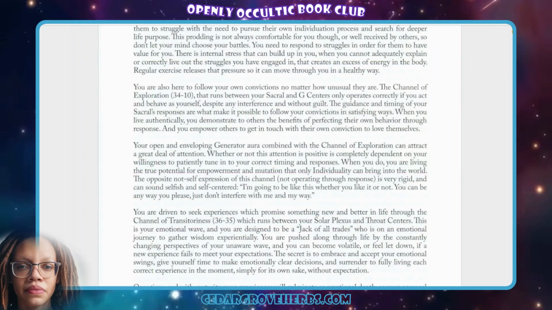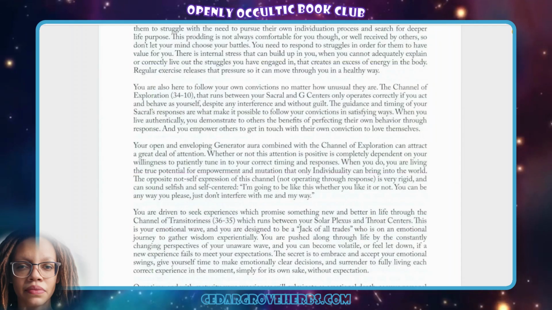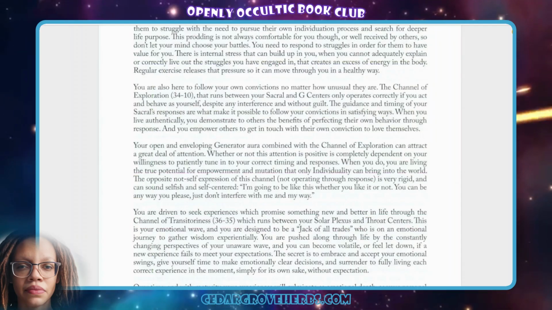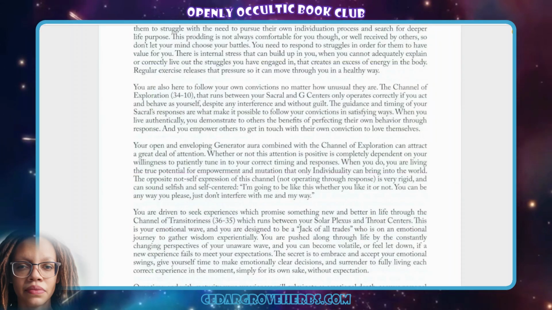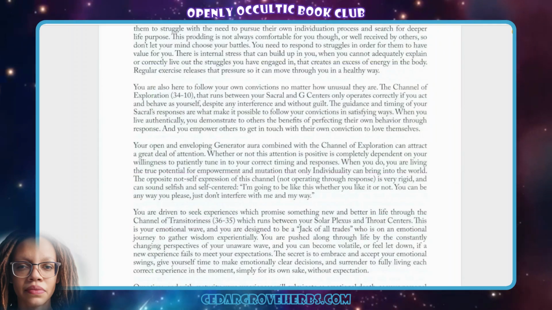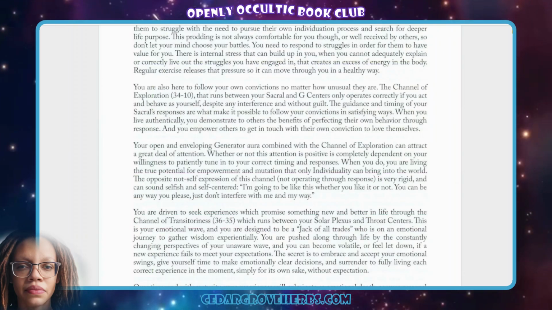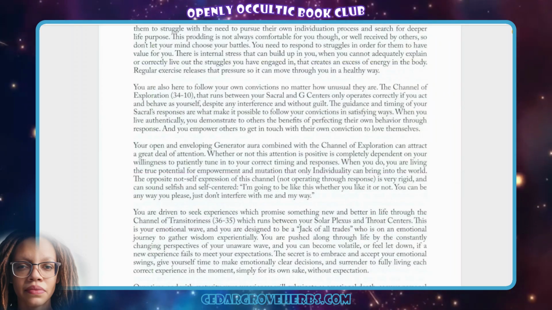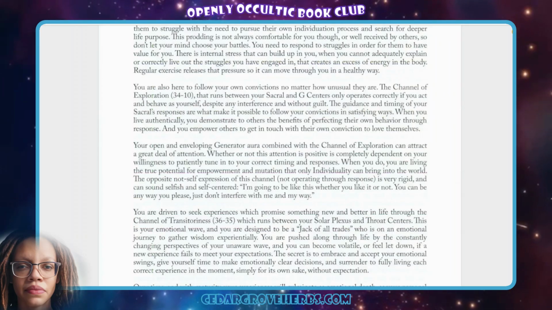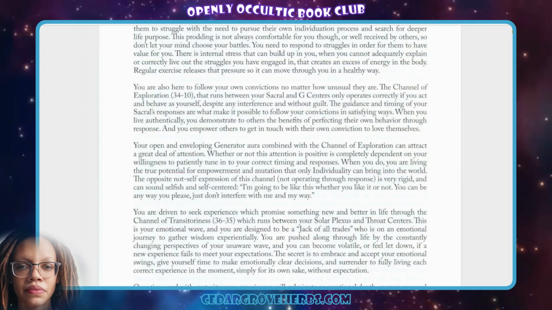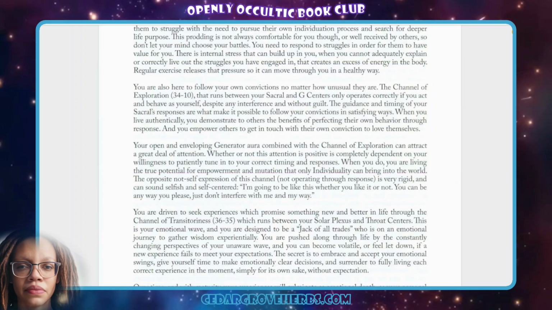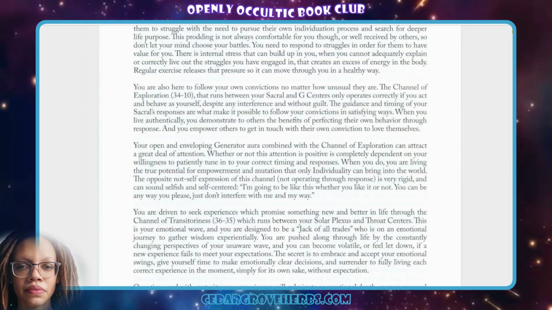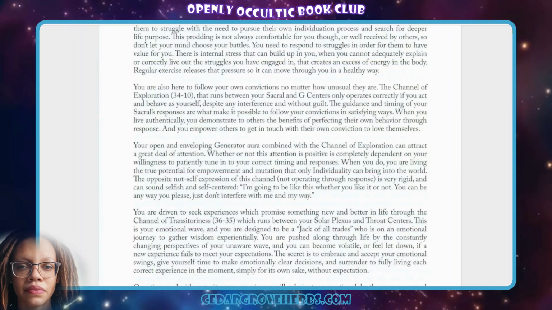Maybe you should learn to live your authentic self so that you can stop all this judging and being mad at me because I have the freedom and courage to be me and you don't. You can be you too. Okay, let me show you how. And all you can do is just be an example, right? Your open and enveloping generator aura combined with the channel of exploration can attract a great deal of attention.